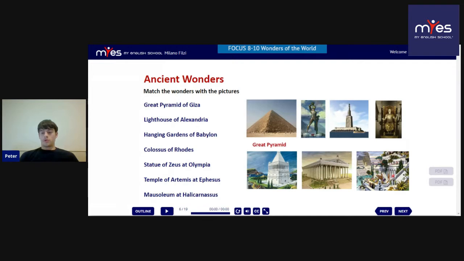And I know the story to this. It was destroyed, but a prophet said that it should not be rebuilt because it would bring, I think, bad luck or something similar. The Colossus of Rhodes.